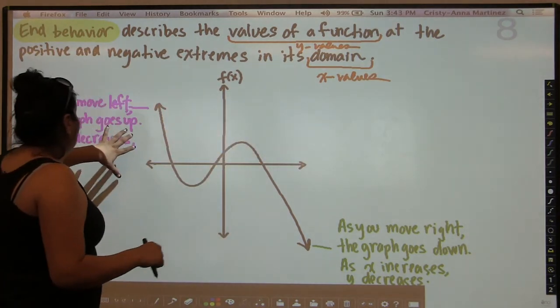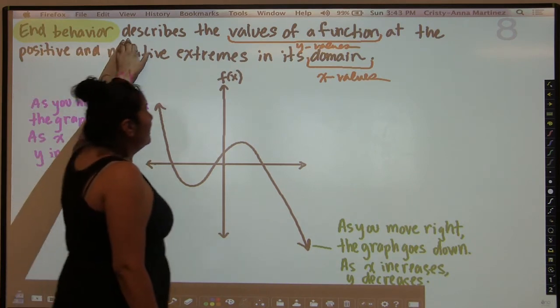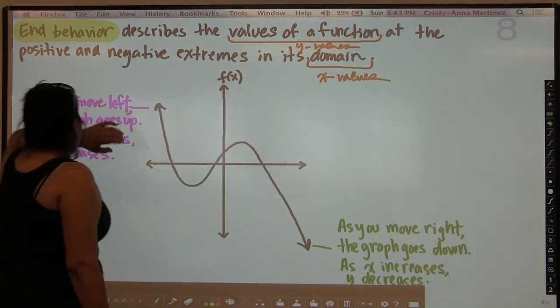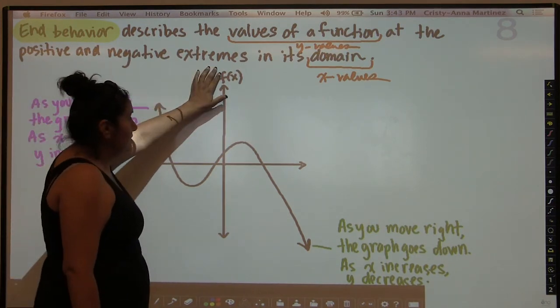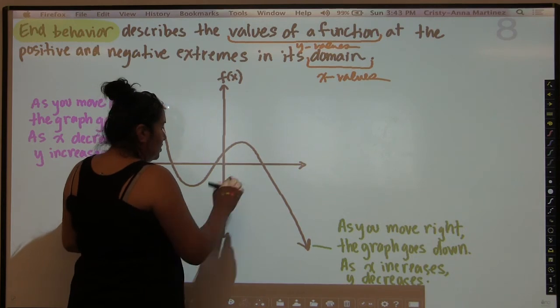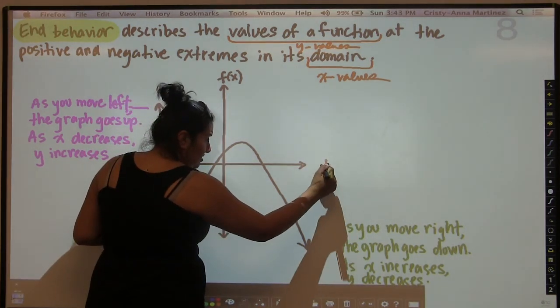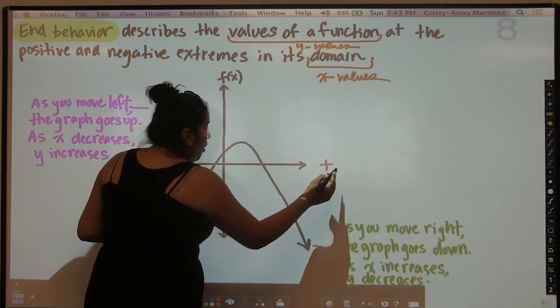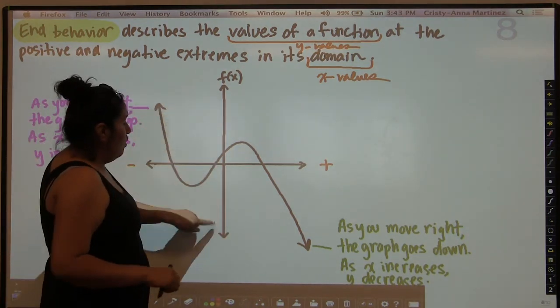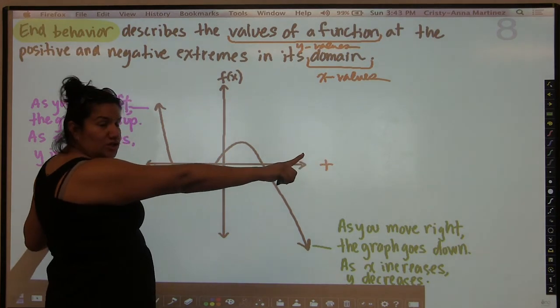So we want to describe what is happening with the y values when the x values have positive and negative extremes. So just for the record, we're talking about when the x-axis goes extremely positive, this is the positive side, or extremely negative. What happens to the y values when the x values go to each extreme?